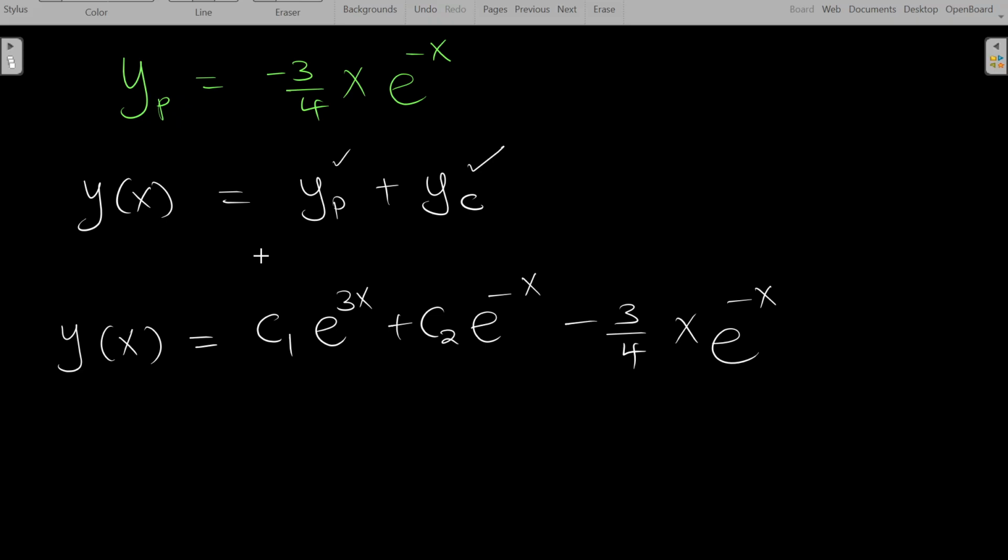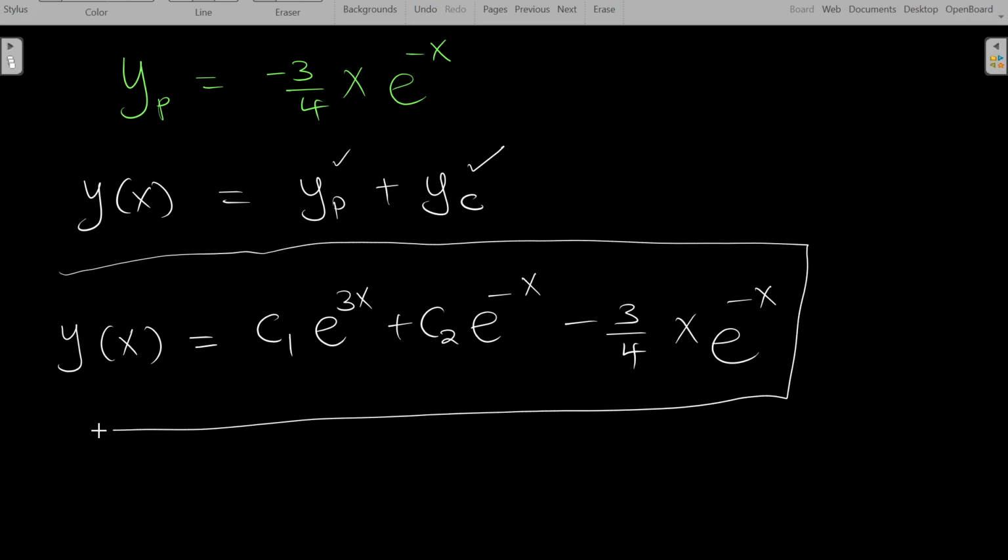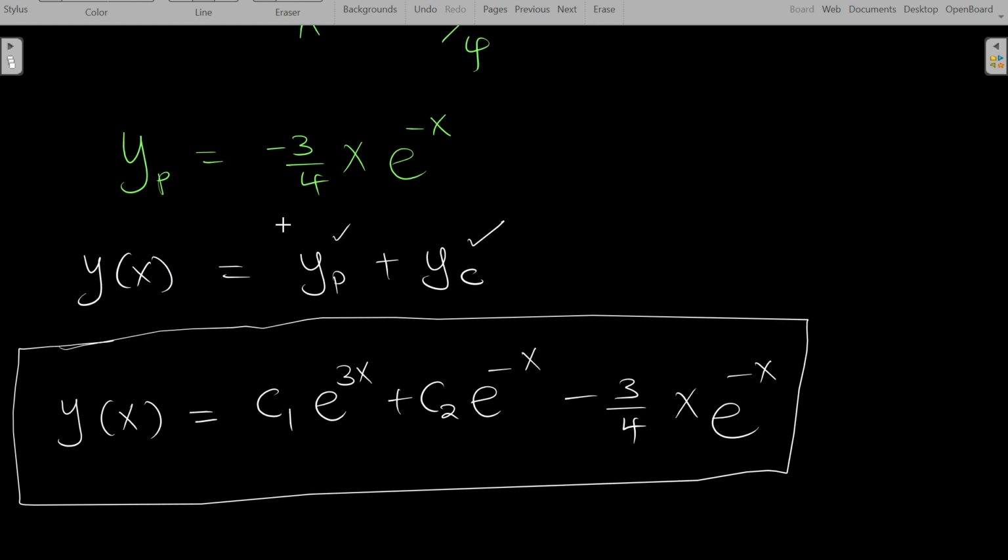Now that's the beauty of math. So this is the beauty of mathematics. So that's what we have as our final answer. As you can see, it's a very nice, clean answer. If you're given an initial value problem or a boundary value problem or something, just compute the values of C1 and C2.